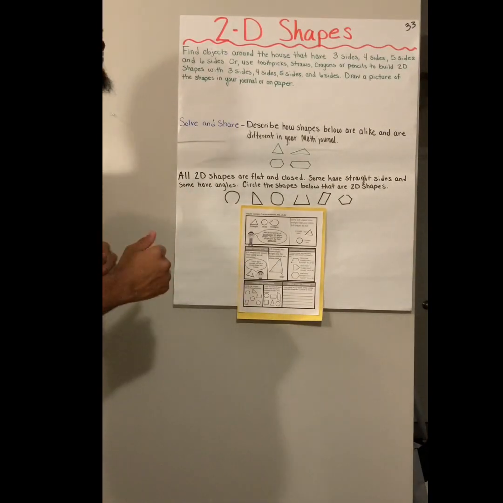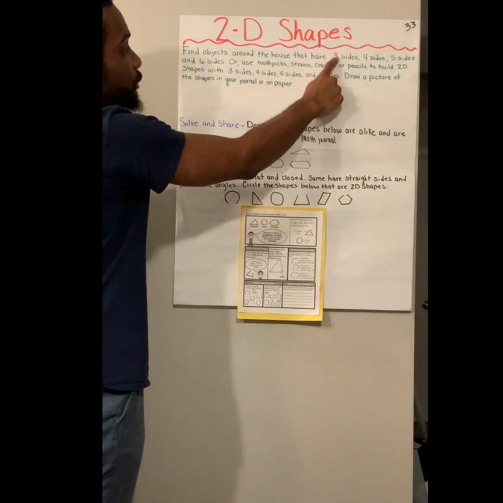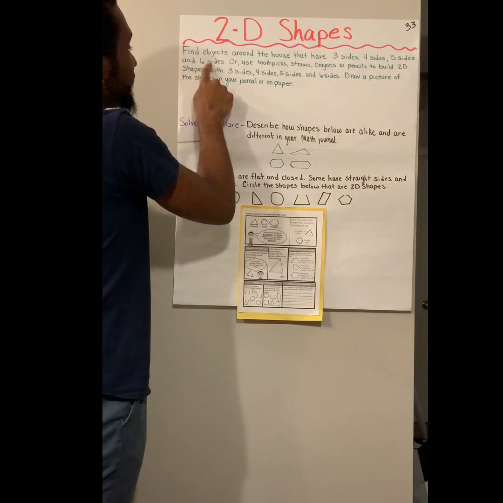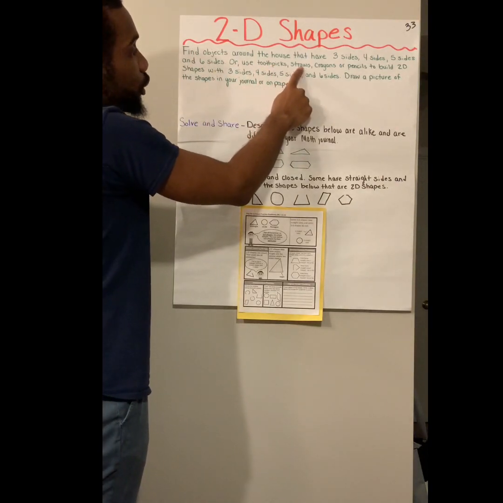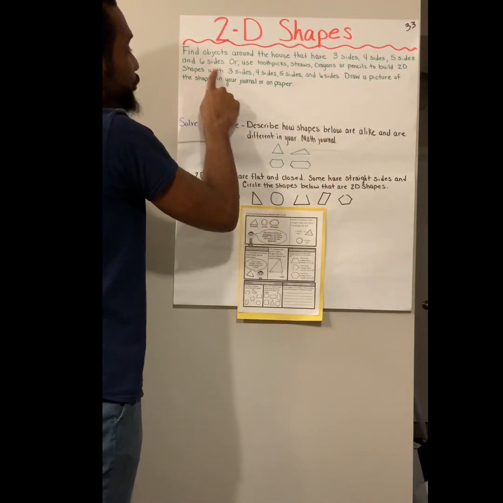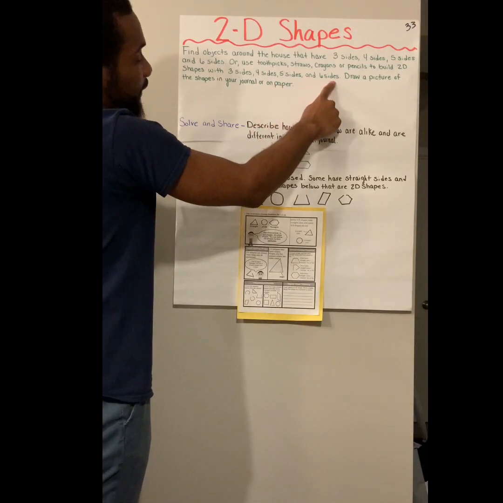So it starts off and says, find objects around the house that have 3 sides, 4 sides, 5 sides, and 6 sides. Or use toothpicks, straws, crayons, or pencils to build 2D shapes with 3 sides, 4 sides, 5 sides, and 6 sides.